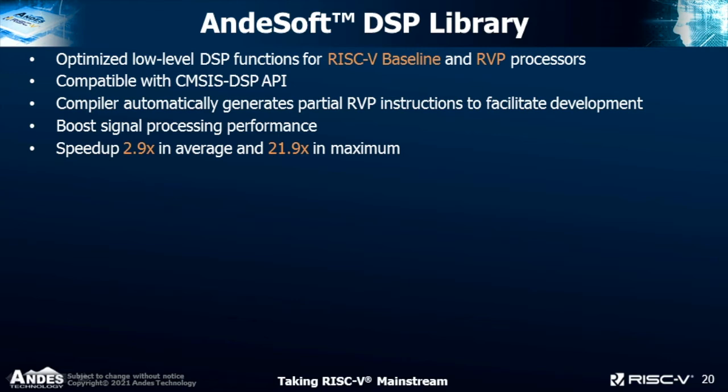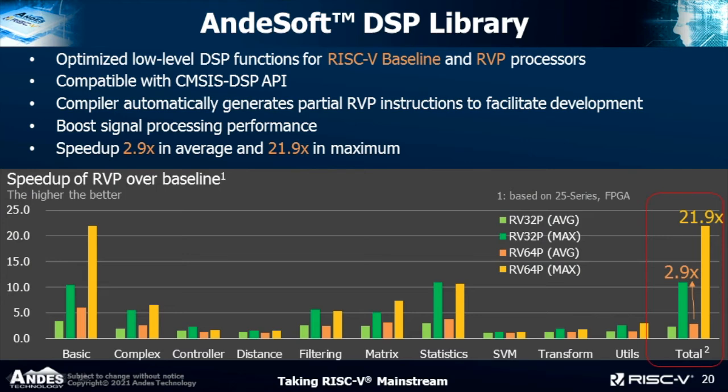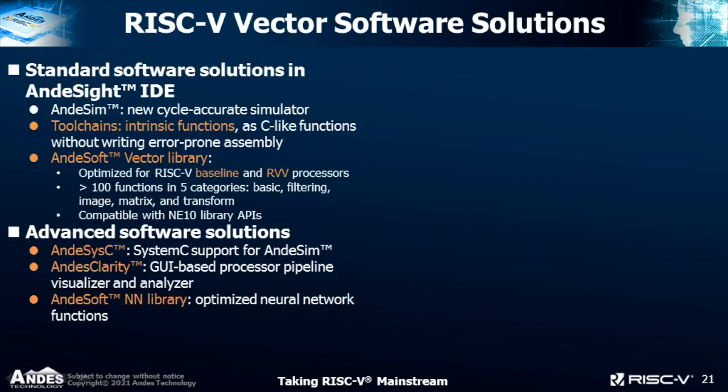It is compatible with the CMSIS DSP API, and the compiler can auto-generate partial RVP instructions to facilitate development. It boosts the signal processing performance, and in general, about 3 times speedup of RVP over RISC-V baseline instructions on average of all functions in the DSP library, and around 22 times speedup at maximum of all functions.